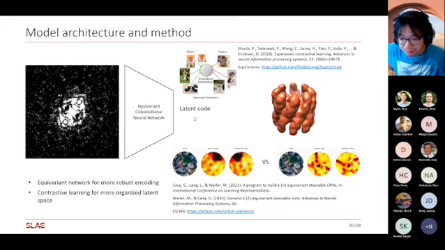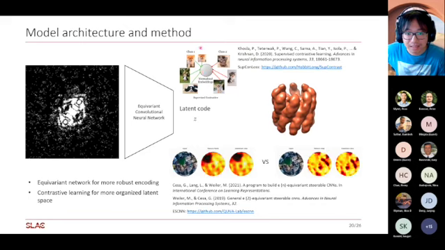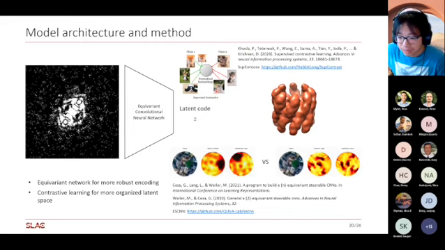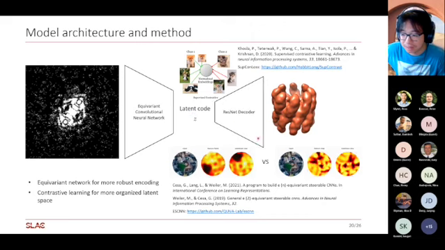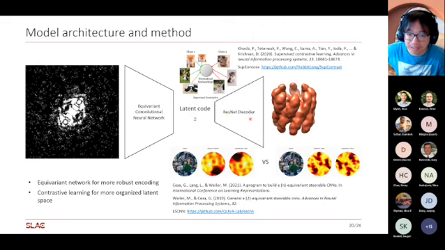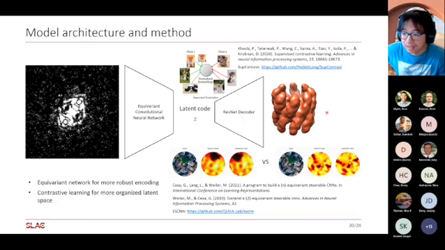You can think of the labels in our case as just different particles. Once we have a very nice encoder, the decoder is just something like a ResNet decoder that brings the latent code to the 3D electron densities.